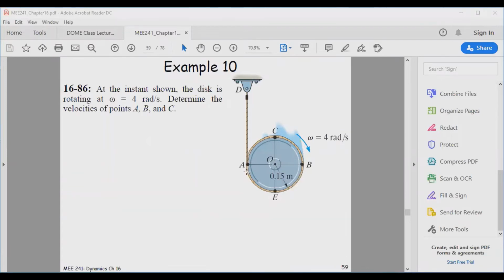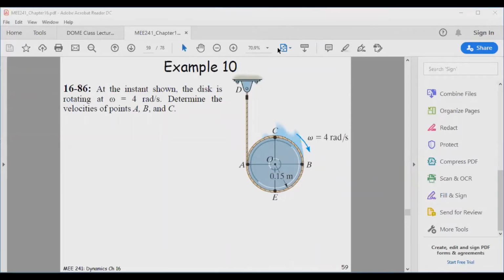Can someone tell me how I can find the velocity of point B on this disk? I use VO because it's the center, so VO equals 0. And I have omega, so I can find VB. Why is VO equal to 0?